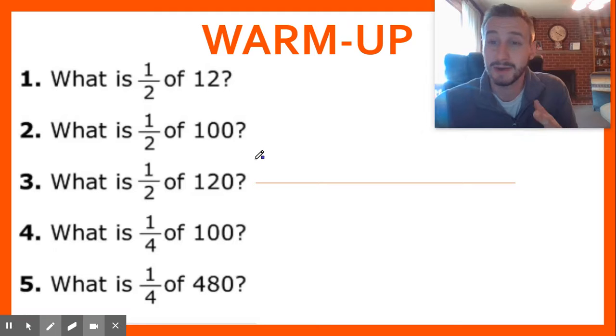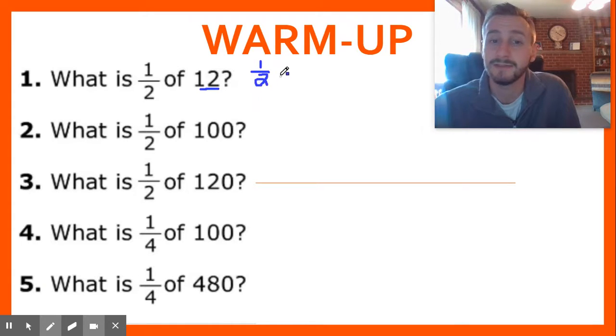Okay, so let's think about the first one. It says again, what is half of 12? Half of 12, or 12 divided by 2, because I'm cutting it in half, right, would just be 6. And one way we can figure this out, it's what we're working with today.